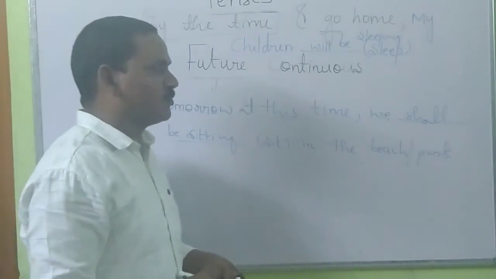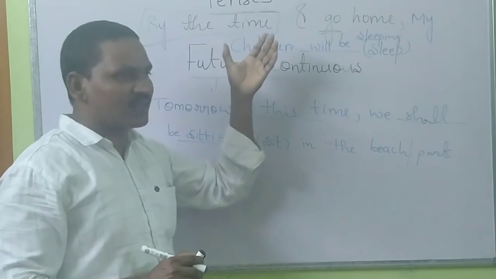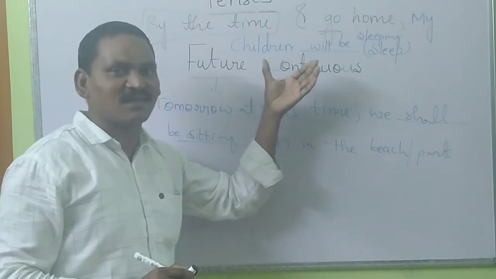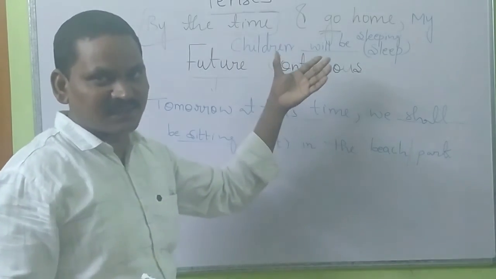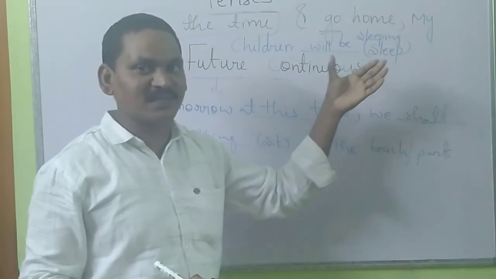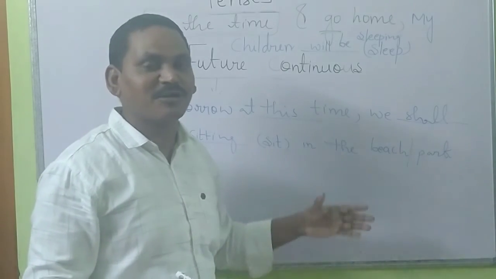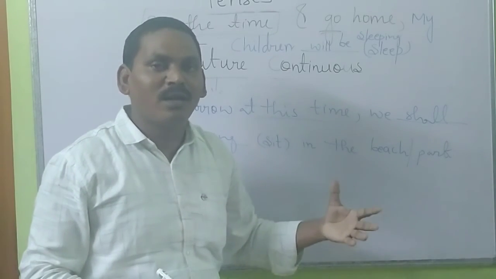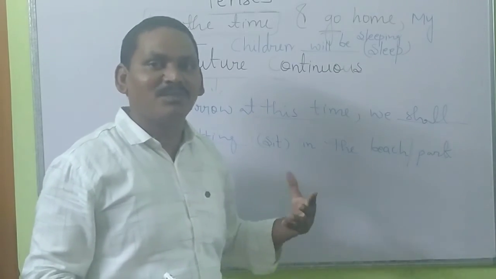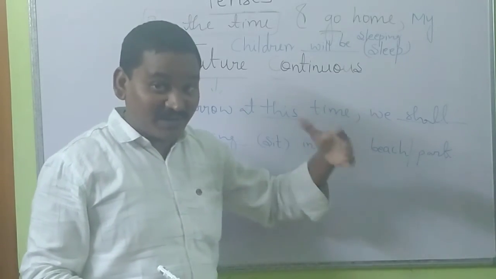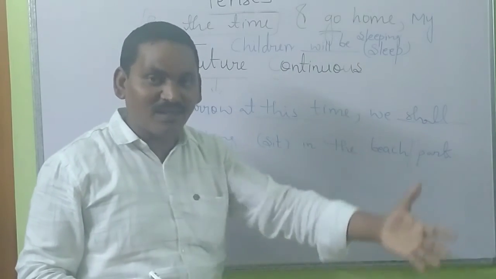Okay, I shall repeat once again. Just remember this: the future continuous tense structure is subject plus will or shall plus be plus V4 plus object. The definition: the action which will be going on at a particular time in the future. Maybe tomorrow at this time, next month at this time, by the time I go there, by the time I reach there, by the time I complete that.